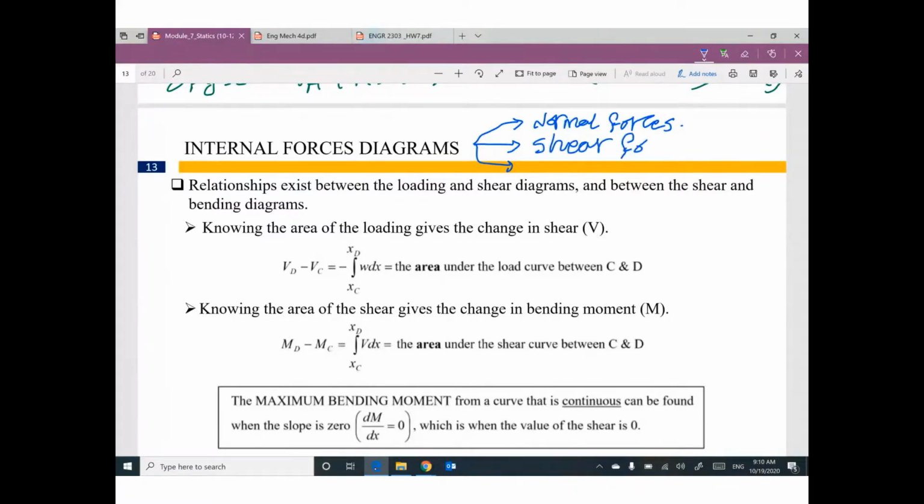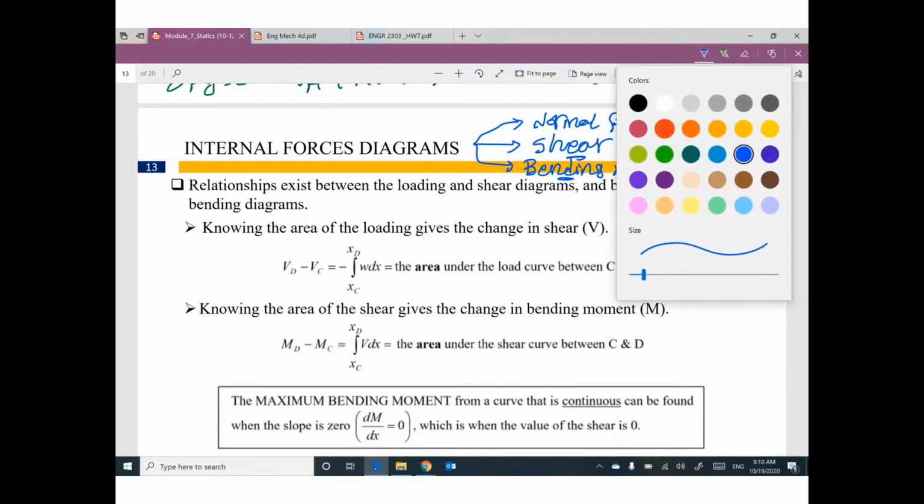Piece of cake. Very easy. Don't worry. The third one called bending moment. It's a piece of cake. It's very easy if you draw shear force right, because bending moment depends on shear force. So if your shear force is wrong, bending moment will be wrong.